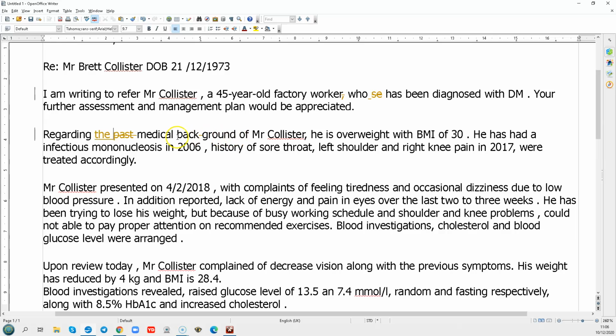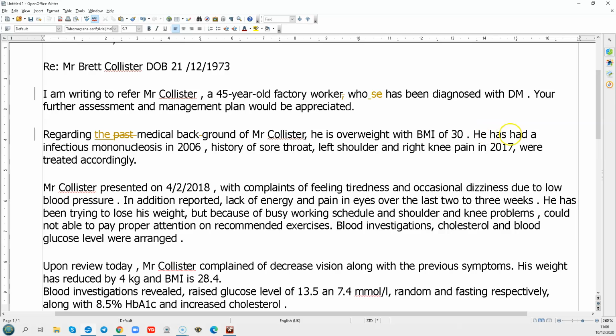Now, medical background, okay, he's overweight. Now, you don't really need to say he's overweight, that's a value judgment. You're not supposed to do it, you're supposed to say how much he actually weighs and what his BMI is. So, he is, what was it? In kilograms, isn't it? So he is 90 kilograms with a BMI of blah, blah, blah.